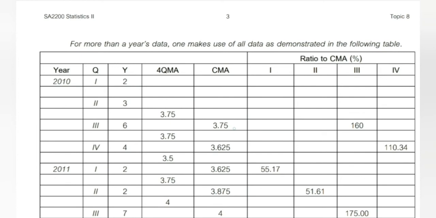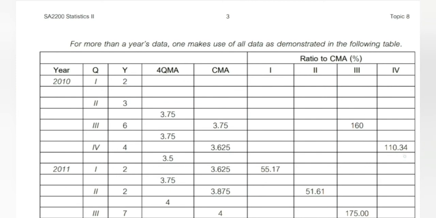This is 160, the quarter 3 index, therefore right in the third column. 2010 quarter 4 value 4, average value 3.625, 4 divided by 3.625 multiplied by 100. This is the season 4 index, 110.34.